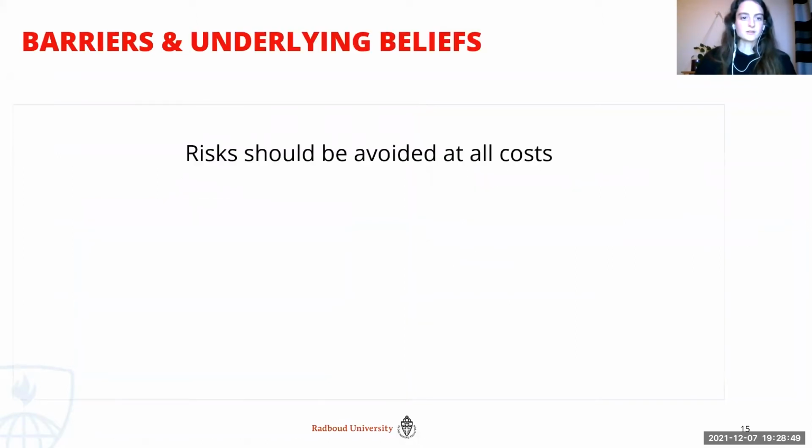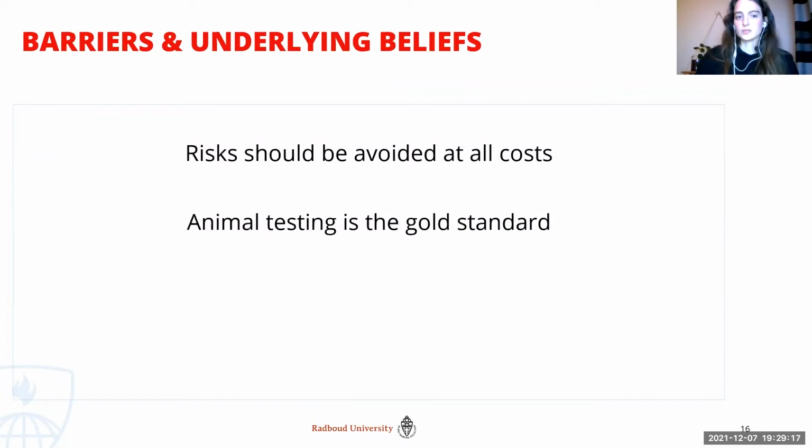Then let's look at the underlying beliefs that we've seen in the case studies that work together to stand in the way of the transition. One is that risks should be avoided at all costs. Risk aversion is a barrier, and that's very often identified in all kinds of case studies. But that is combined with the belief that animal testing is the gold standard.